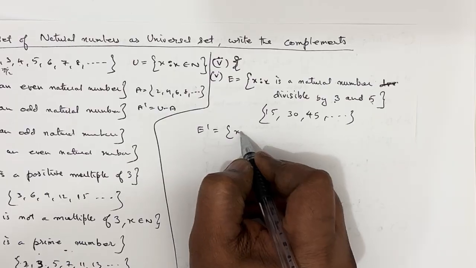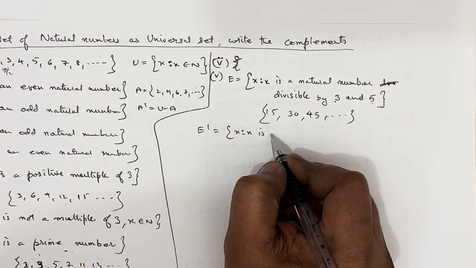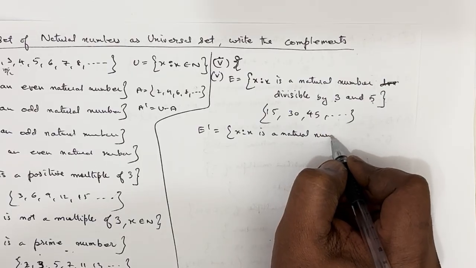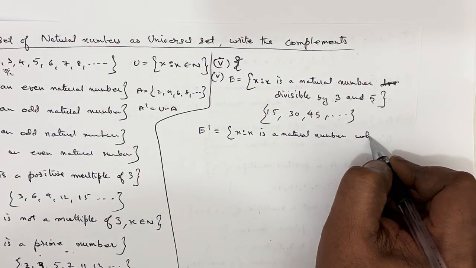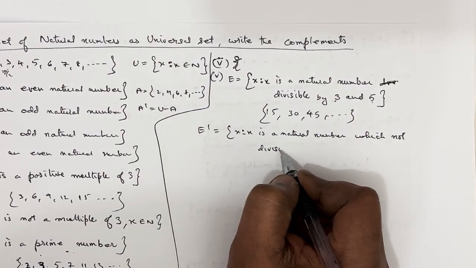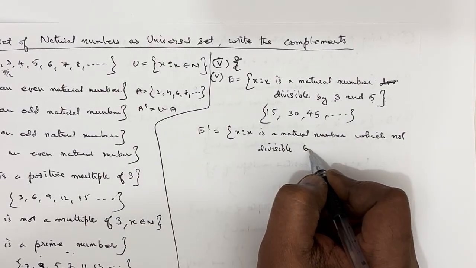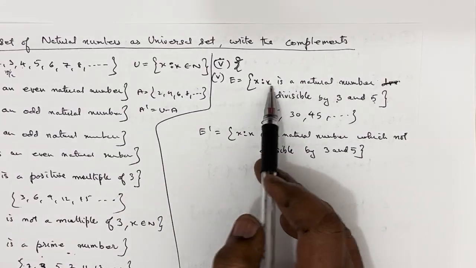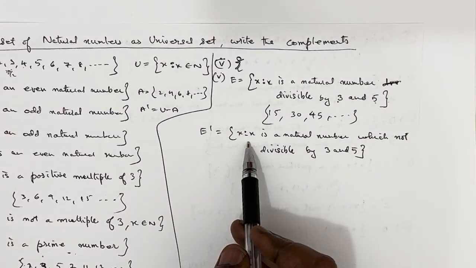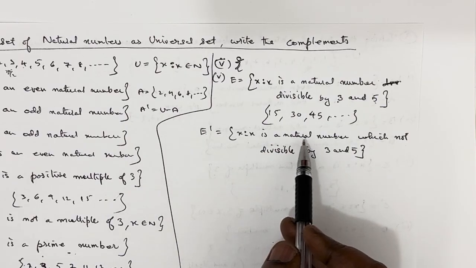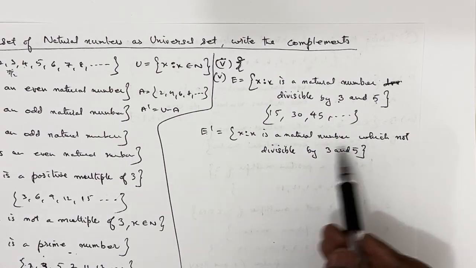So we can write x such that x is a natural number which is not divisible by 3 and 5. Here it is a natural number divisible by 3 and 5. Here E complement is a natural number which is not divisible by 3 and 5.